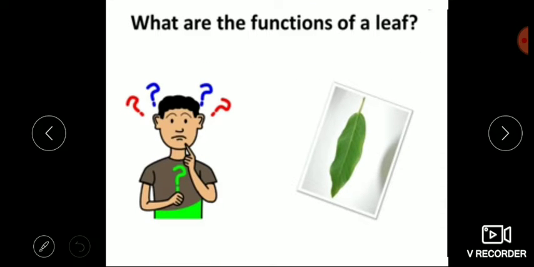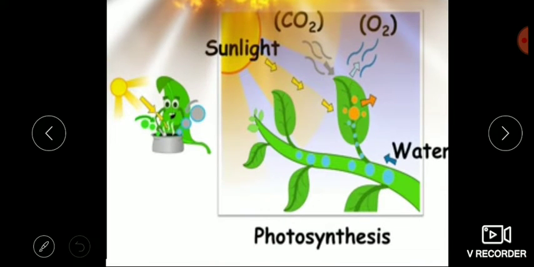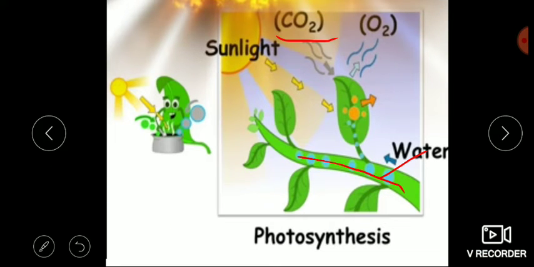So, what are the functions of leaf? First, the leaf prepares food using carbon dioxide, water and chlorophyll in the presence of sunlight.